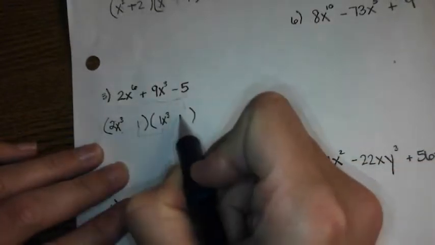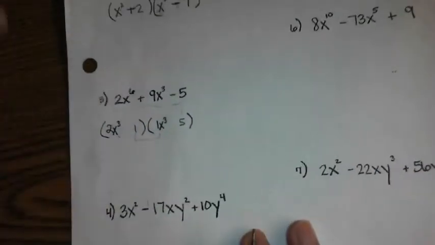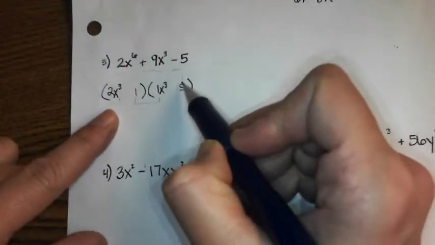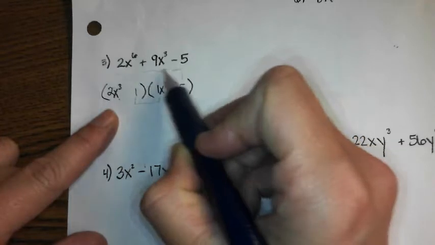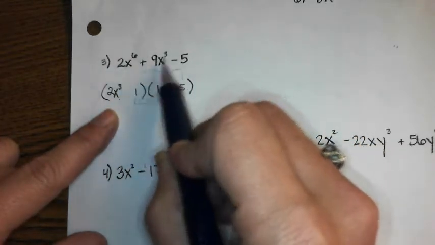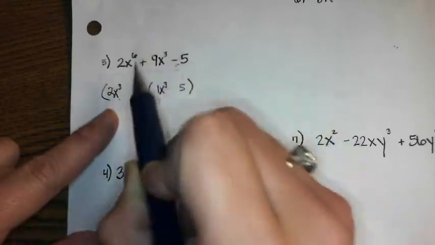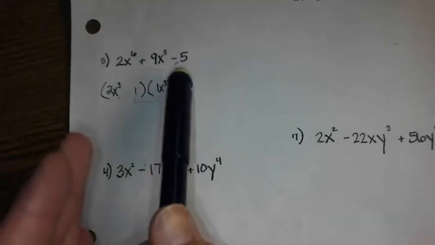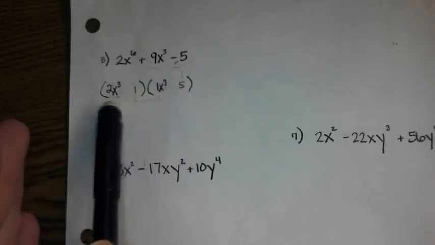So if I try 1 and 5, and again, just watch me guess and check. If I do the 1 and 5 in that order, what does the outer give me? 10, and the inner gives me 1. Does 10 and 1 have a difference because it's a negative 9? Yes. Which one of those, because it is a negative 5, these need to be different signs.